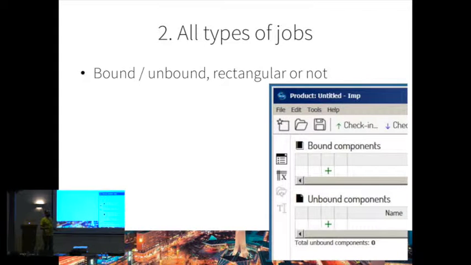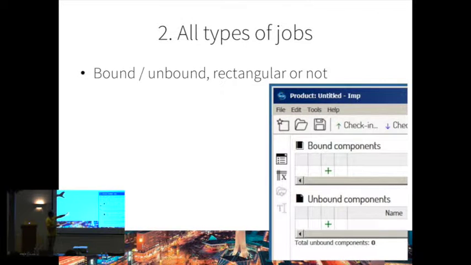A bound component would be something like a book or a magazine or anything that is folded and then stapled or bound in whatever way. An unbound component would be like a business card or a leaflet or a label or whatever you want. And that could be rectangular or not. So a business card would be an example of a rectangular one, but I can also have round labels or labels with a very irregular shape and so on.